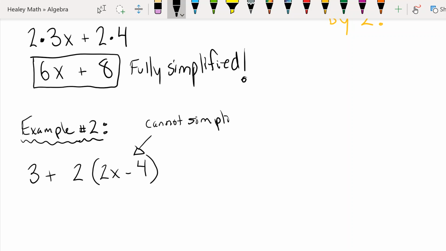So therefore, we need to use the distributive property to eliminate those brackets.